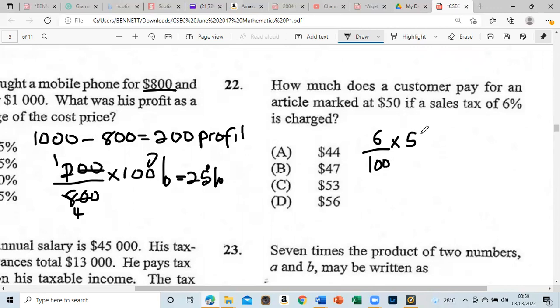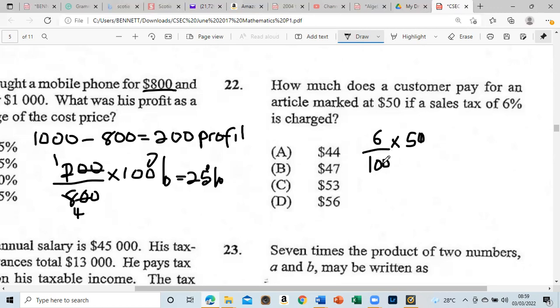Tax is an increase, I almost thought it was a discount. So let's just find 6%.